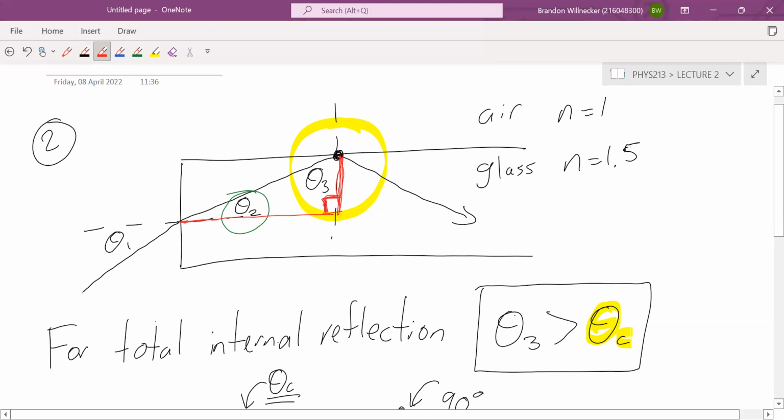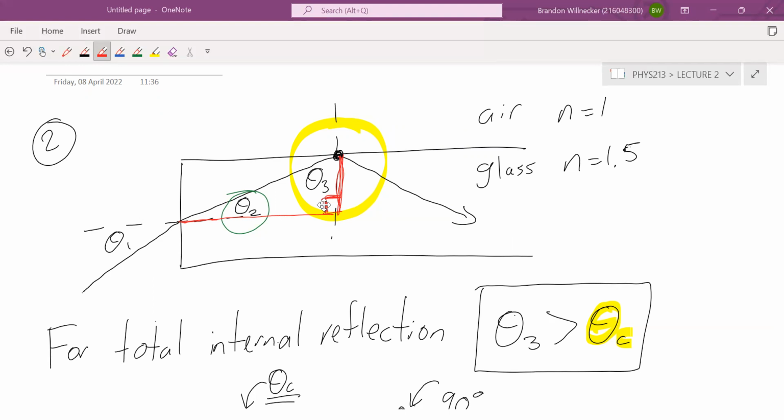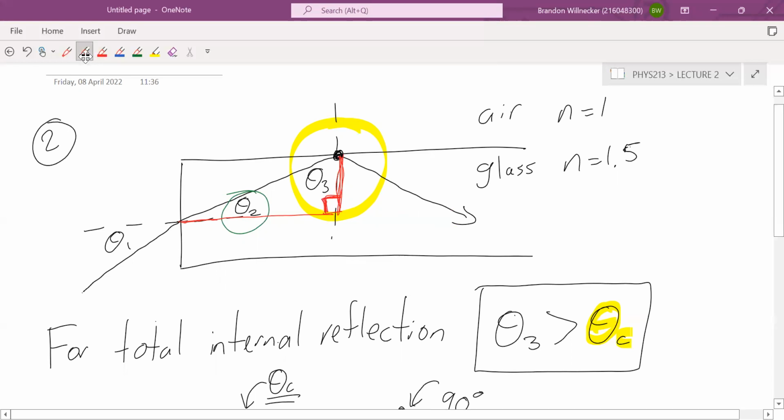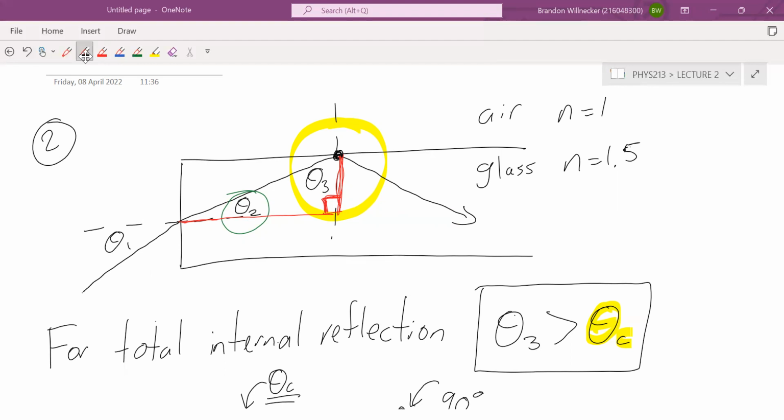Something like that. Next, we know that θ2 plus θ3 plus the 90 degrees must be 180 because of the sum of angles in a triangle. So that allows us to find θ2. Because we know that θ2 plus θ3 must be 90. Okay, if you add it to the other 90, you get 180.